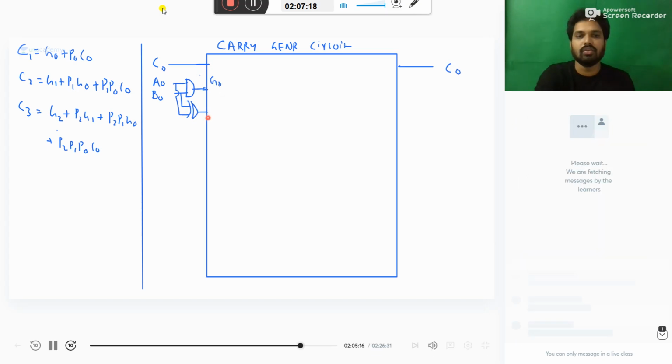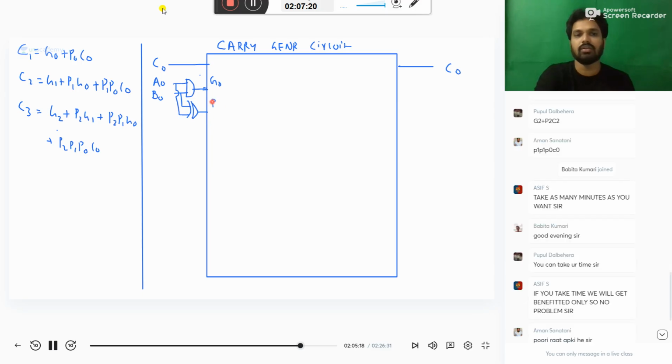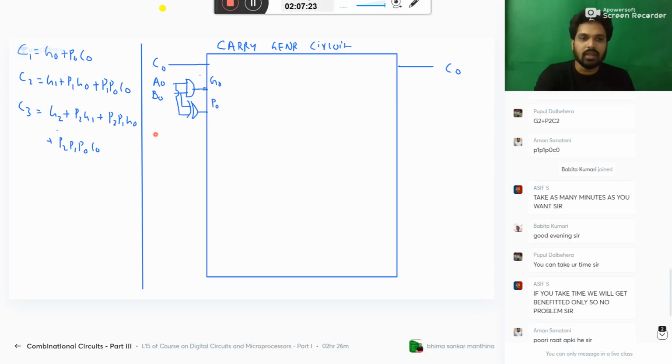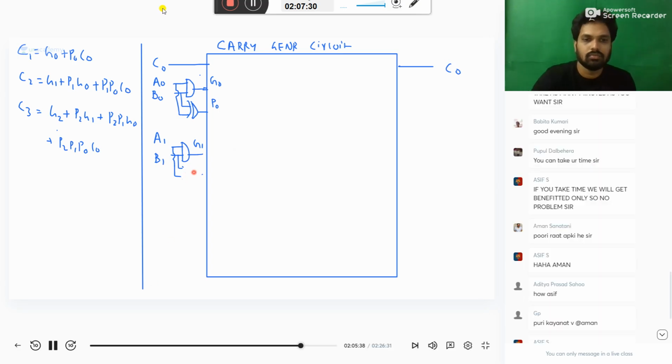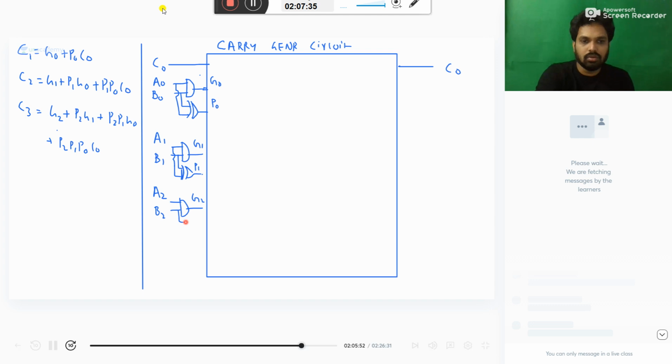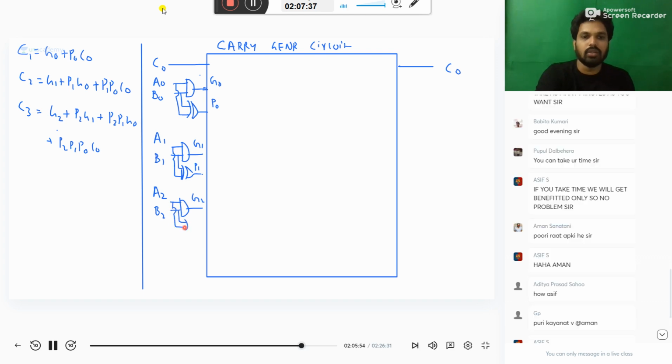You also give them to an XOR gate, and what you get is P0. Similarly, you take A1 and B1 and give them to an AND gate and an XOR gate, and you get G1 and P1.